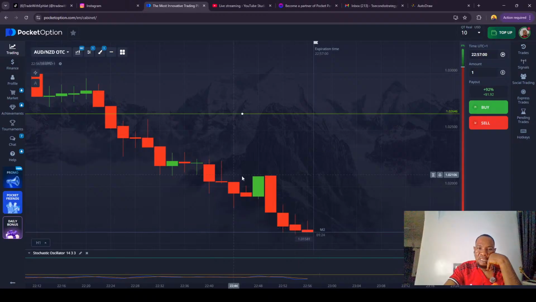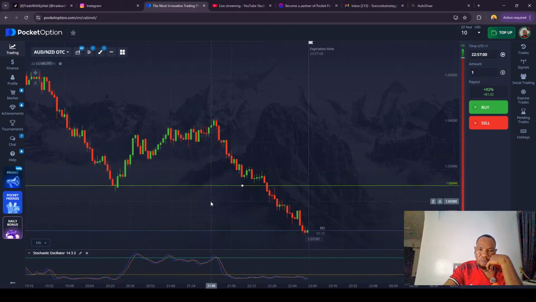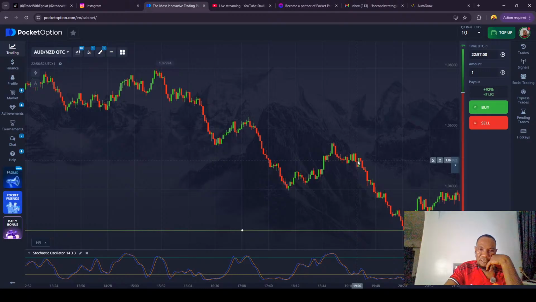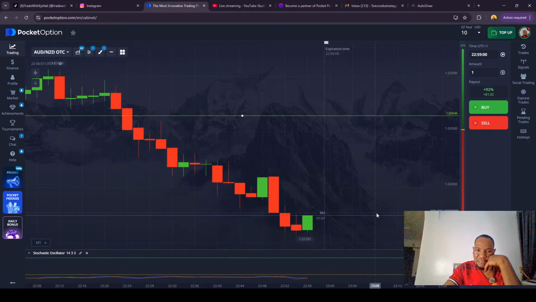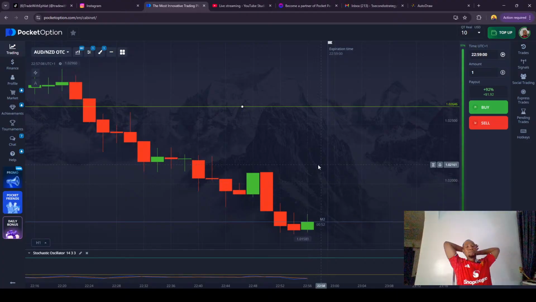We have like 16 candles, then we just have about three green candles. So it means that the downward trend is very, very strong. Because of that, we can wait for another retracement. So for example, wait for another green candle and enter a sell position.